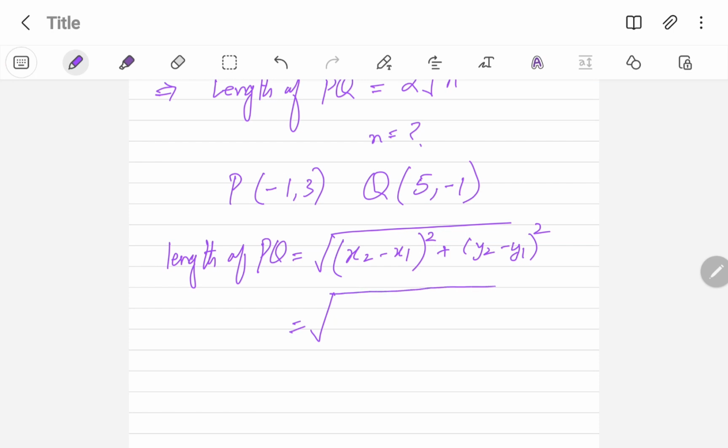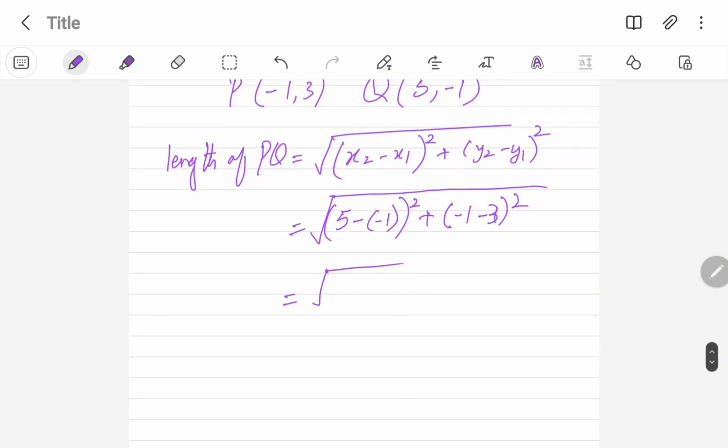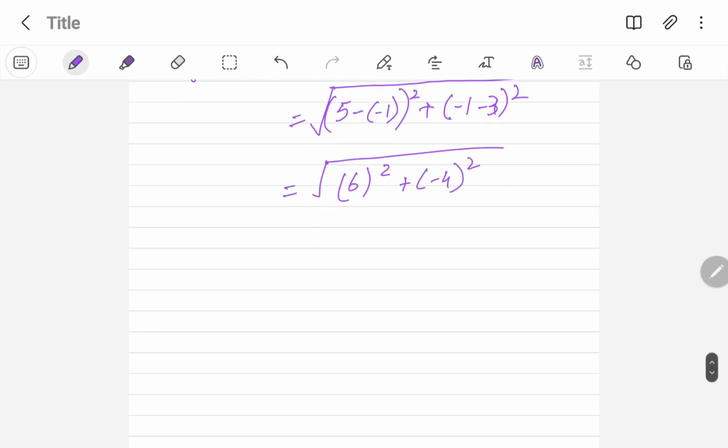Putting values: x2 has the value 5 and minus x1, which is minus 1, whole square, plus y2 has the value minus 1 and minus 3, whole square, whole under root. It will be 6 whole square and minus 4 whole square.